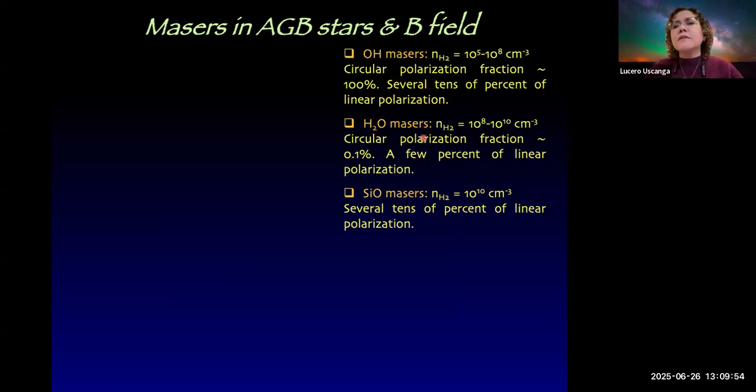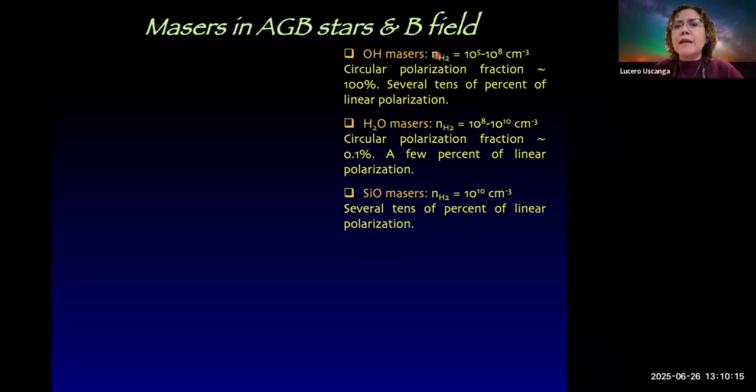The maser emission tends to be polarized, and this could be due to unequal population of the magnetic sublevels of the molecule, and also due to a magnetic field in the maser region. So the maser emission could be circularly or linearly polarized.